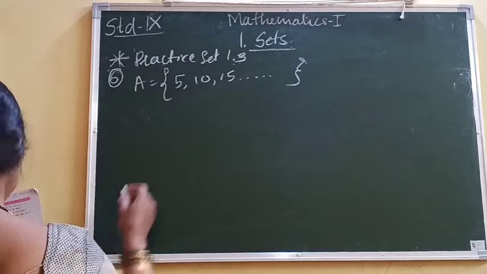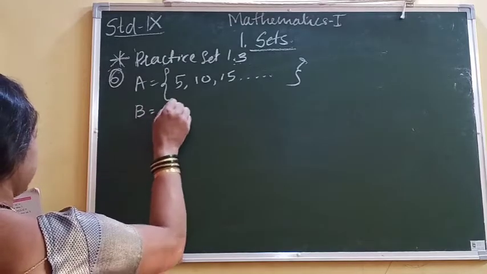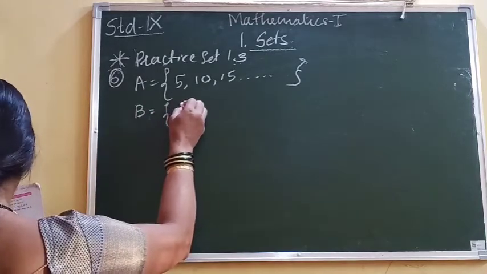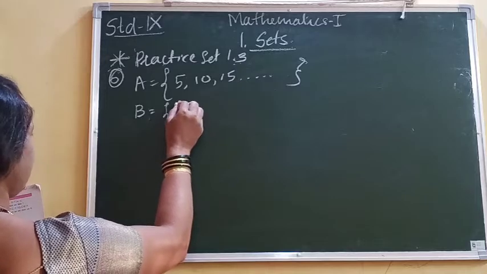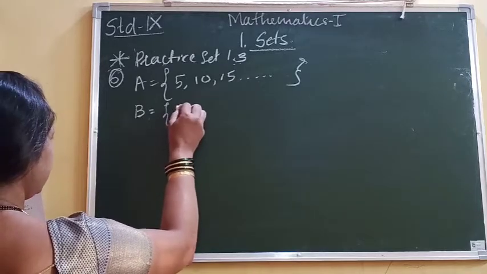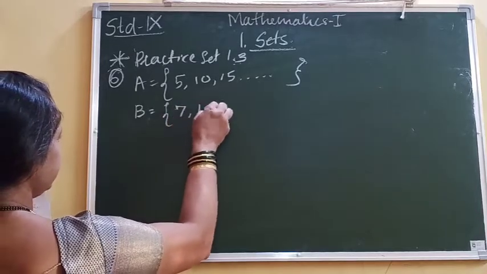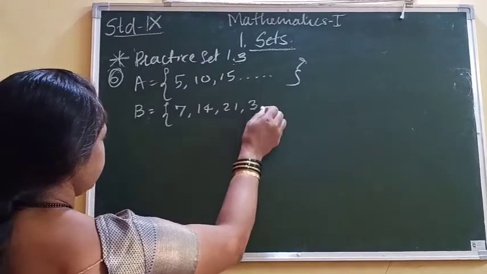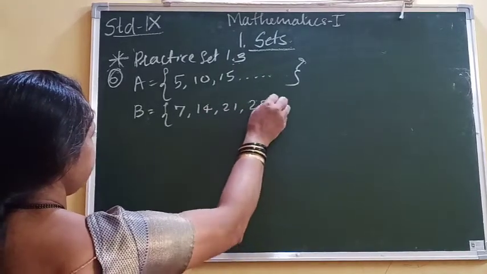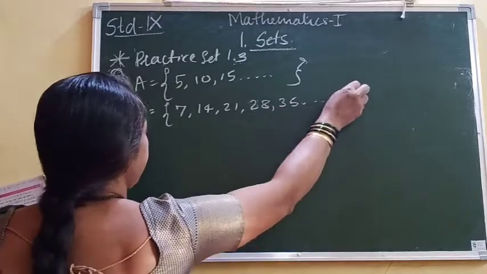Now next B is given. B is a set of multiples of 7. Multiples of 7 means 14, 21, 28, 35 and so on.